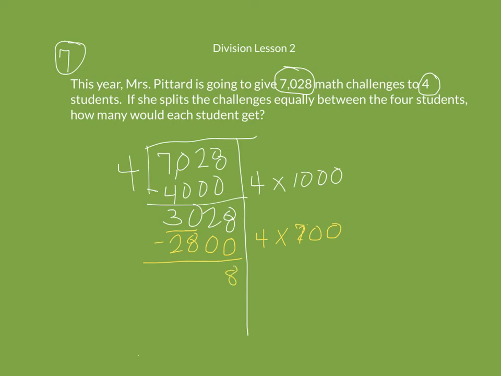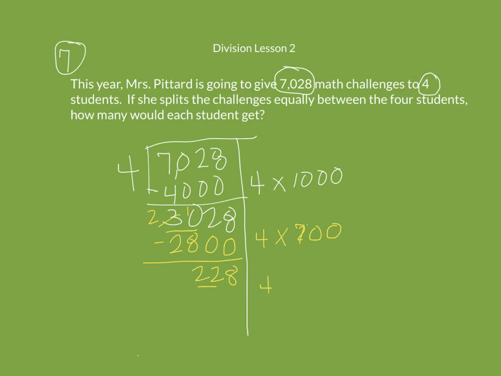That leaves 228 questions to still split between the 4 students. So again, I'm going to think of this 22 tens together and think what multiple of 4 is close to 22. Well, 20 is, and I know 4 times 5 is 20.